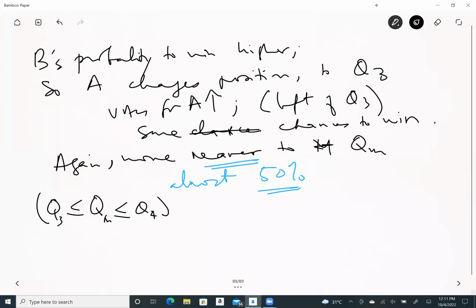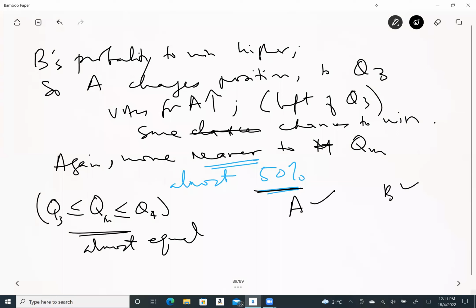Almost equal. You know, here when I write this, almost equal. So I get almost 50%. So some of the voters in the middle, they either vote for A or they vote for B.